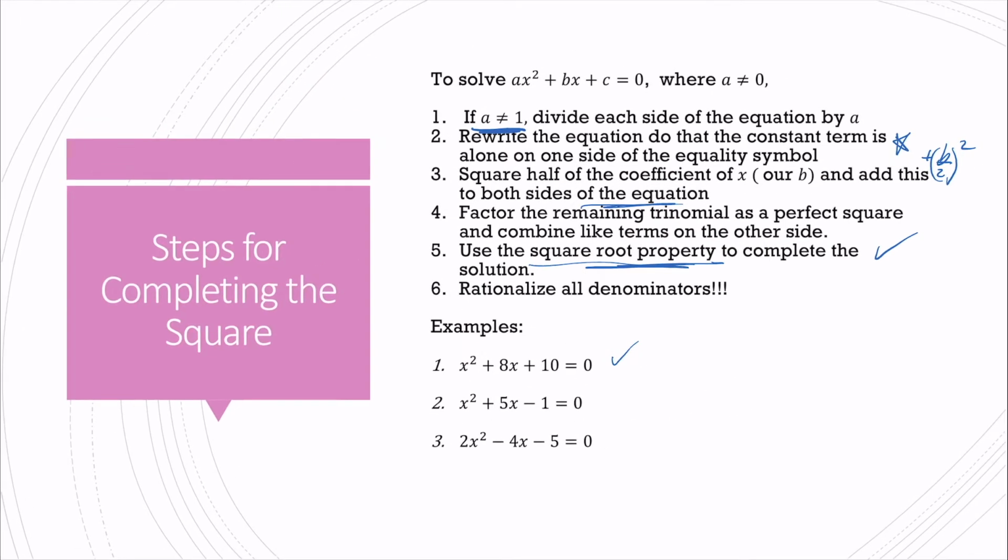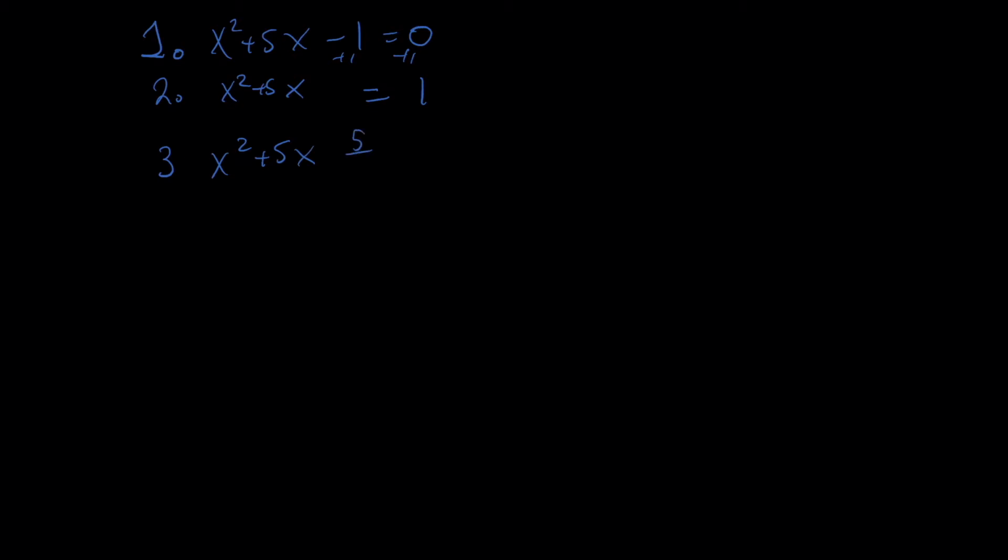My next example is x squared plus 5x minus 1 equals 0. I already see that my leading coefficient is 1. Awesome. I move the constant to the other side. I add 5 divided by 2 squared to both sides.